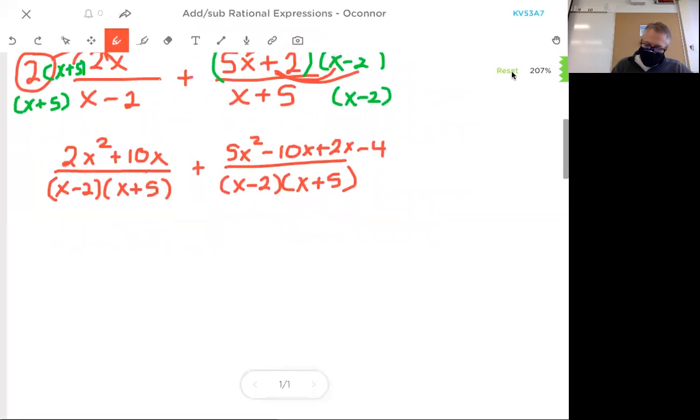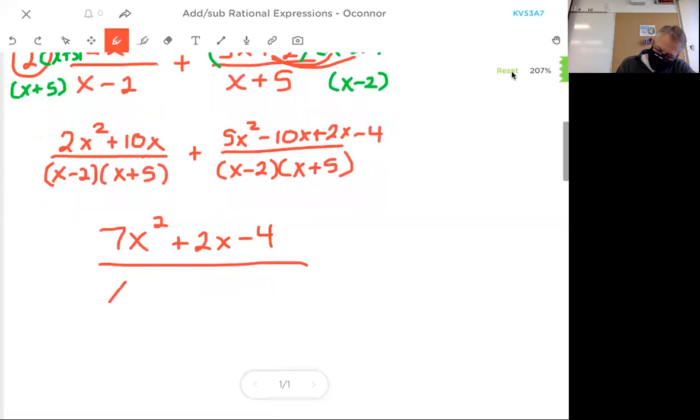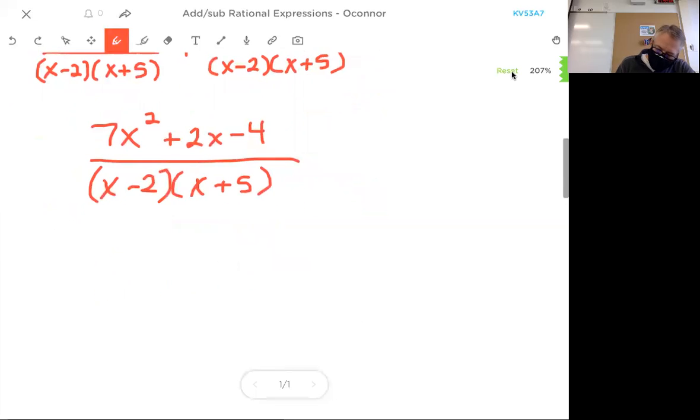All right, so now we're going to combine the like terms. We get 7x squared plus 2x, because I have negative 10x. I have 10x minus 10x, those cancel, and I just get 2x. And minus 4 over x minus 2 times x plus 5. I'm going to try and factor the top just to make sure I don't miss anything.